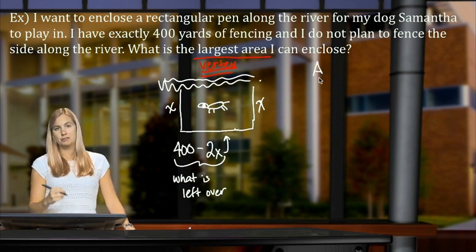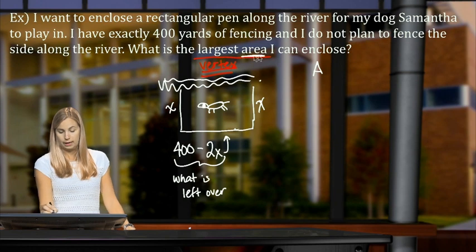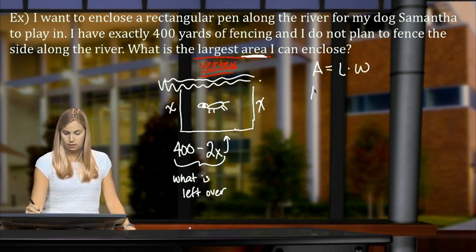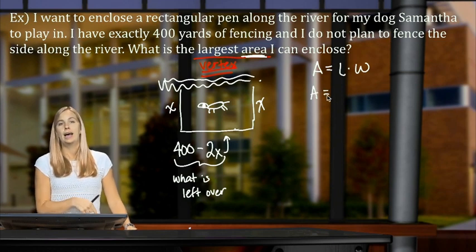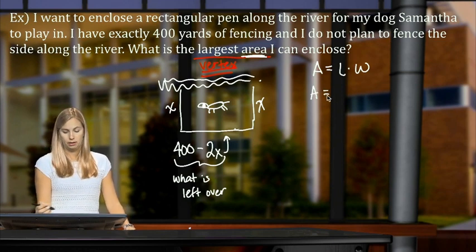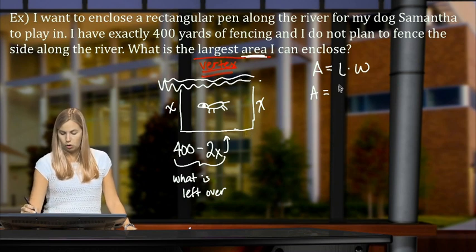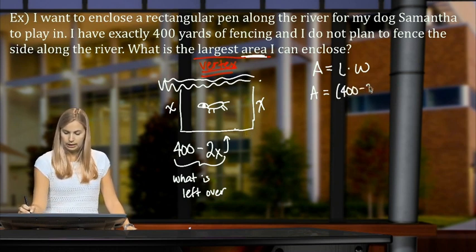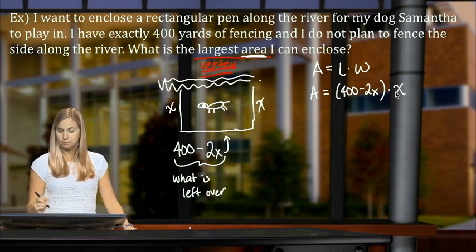Now, if I think about area of a rectangle, because that's what I want to do, I want to maximize area. Area is length times width. Well, now my figure has a measurement for my length and my width. My length is 400 minus 2x, and my width is x.